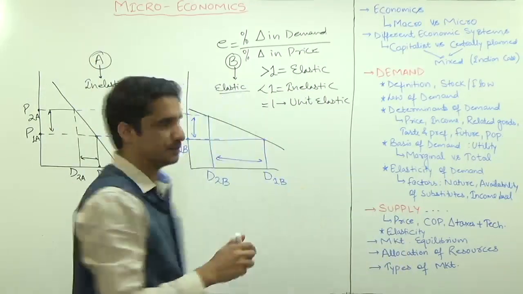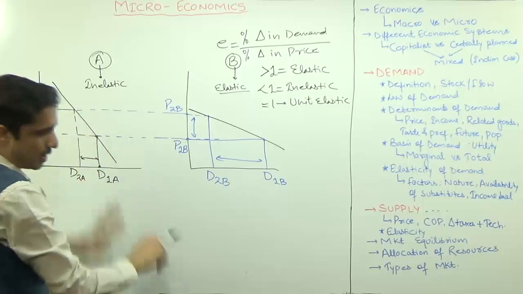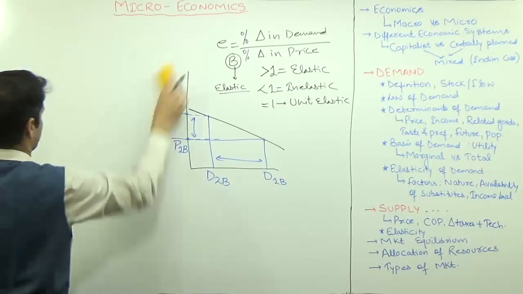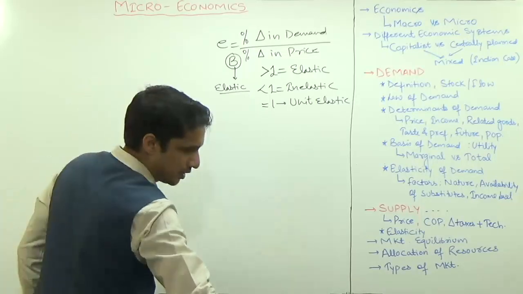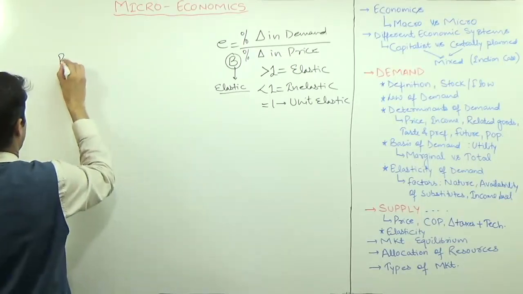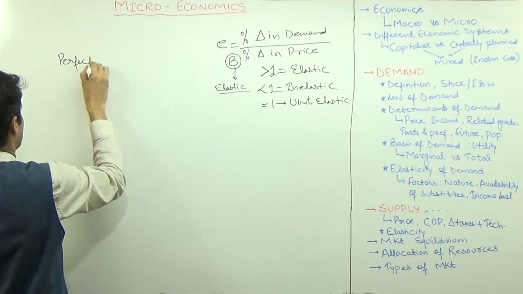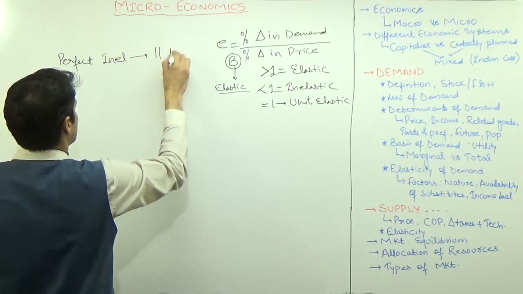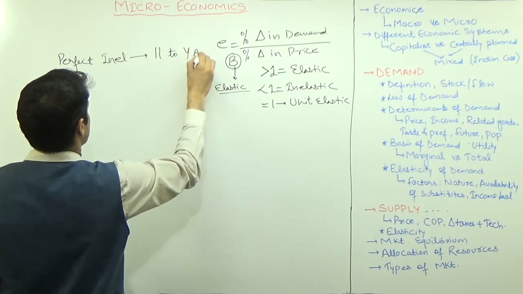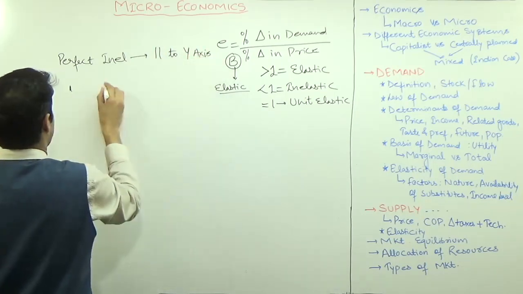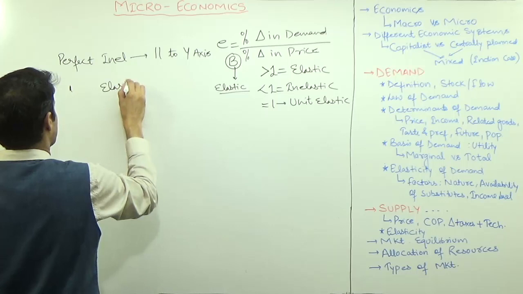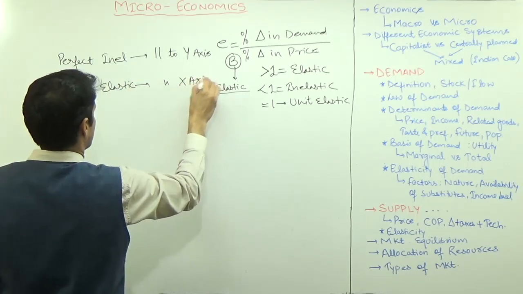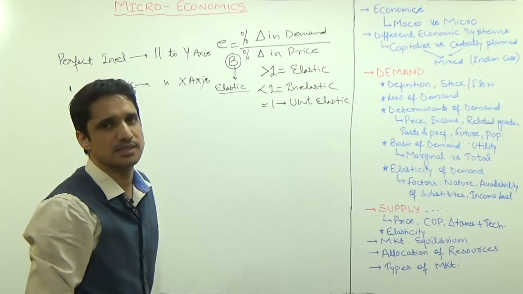Perfect inelastic. This is inelastic. I'm asking about perfect inelastic. So in case of perfect inelastic, it will be parallel to the y-axis, and in case of perfect elastic, it will be parallel to the x-axis.